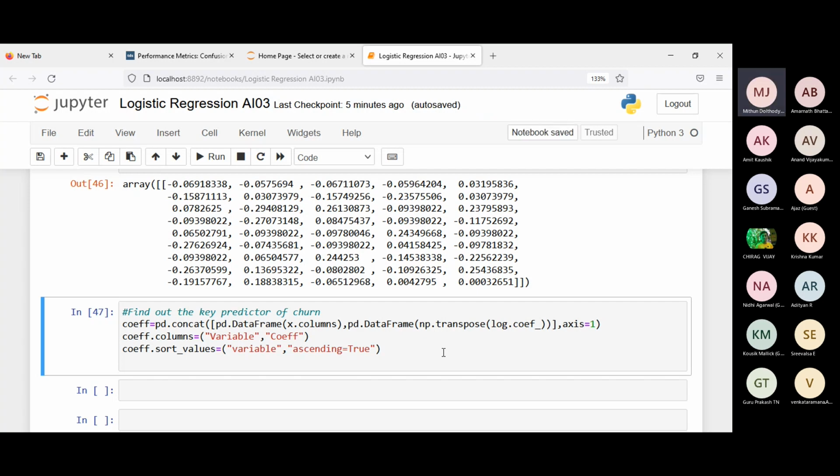Still not getting it. Aditya, can you just share that code with him, Guru? Guru, I think you skipped a couple of codes somewhere.